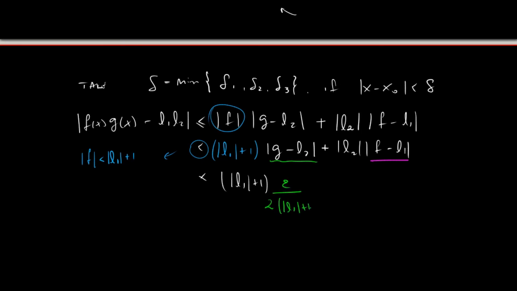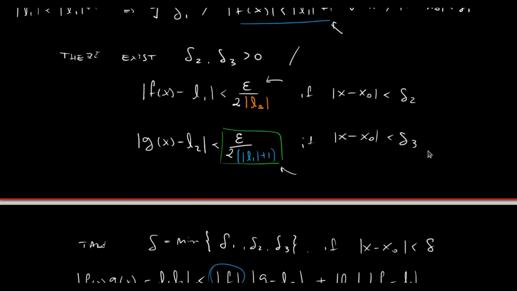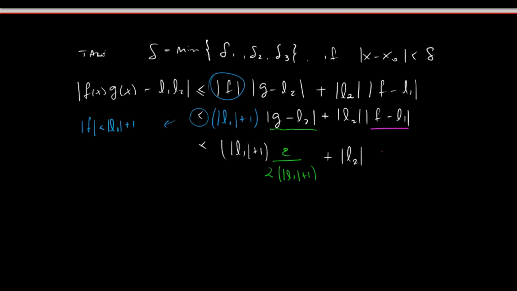And here we have L2, and the bound for f minus L1 was epsilon over 2 times L2. So now we cancel the like terms, and we have that this is equal to epsilon over 2 plus epsilon over 2, and this is epsilon.